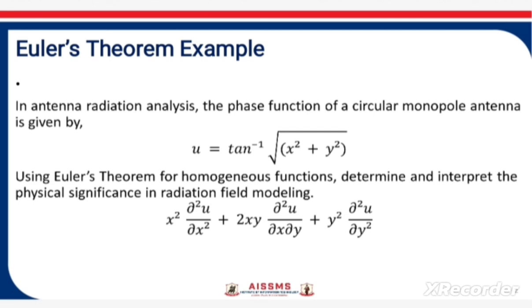Using Euler's theorem for homogeneous functions, determine and interpret the physical significance in radiation field modeling of x square del 2u by del x square plus 2xy del 2u by del x del y plus y square del 2u by del y square. They define the phase function u in the form of x and y variables.